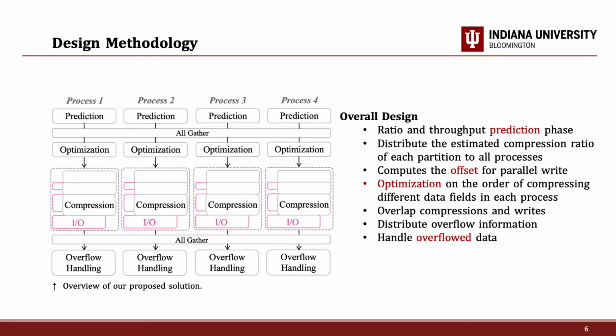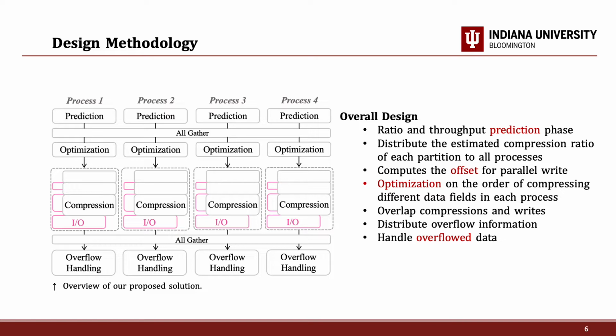So let's look at our proposed design. On the left-hand side is an overview of our proposed solution. It illustrates 4 processors, and for each processor there are several steps. The first one is to predict the compression ratio, etc., for each data partition and each data field.